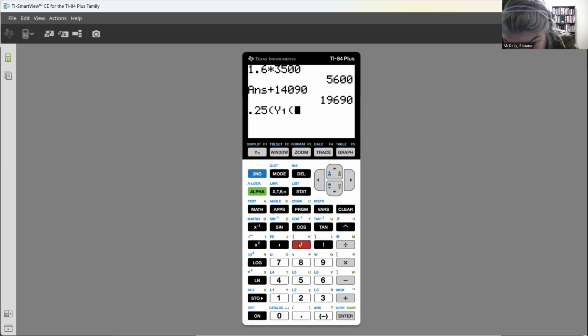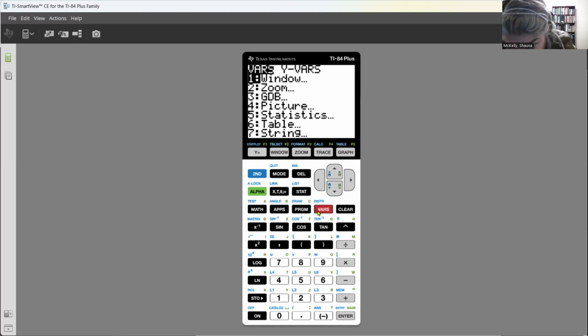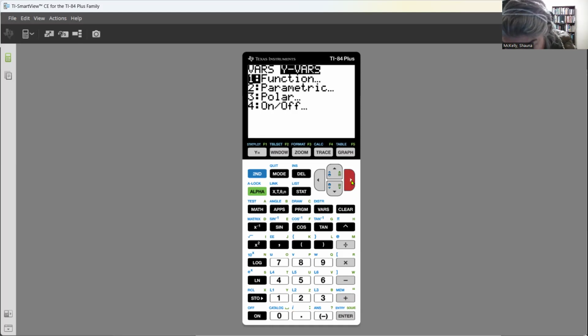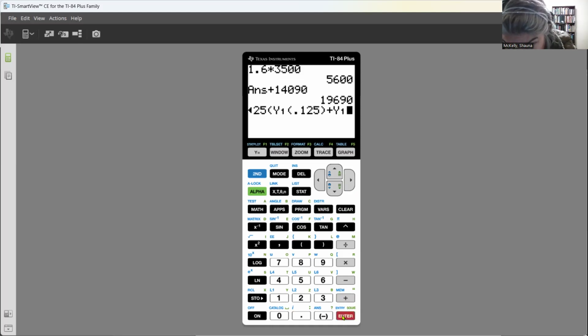And I'm going to tell it to find my numbers, 1/8, plus vars, y vars, function, y1, and the next thing I need is 3/8. So that's in parenthesis, 0.375.